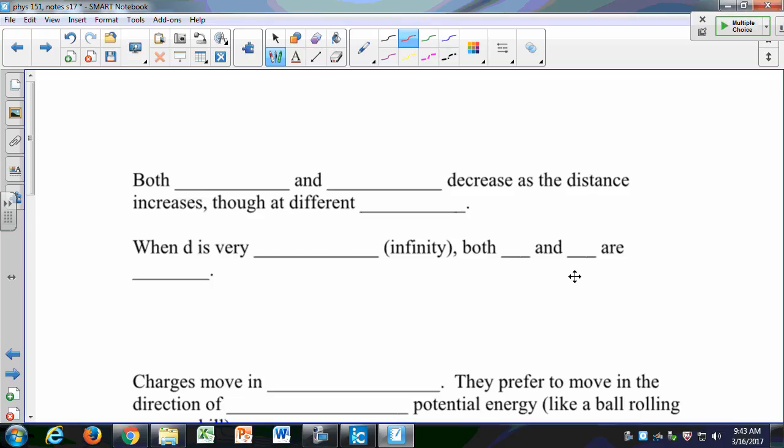All right, so both force and energy decrease as the distance increases.